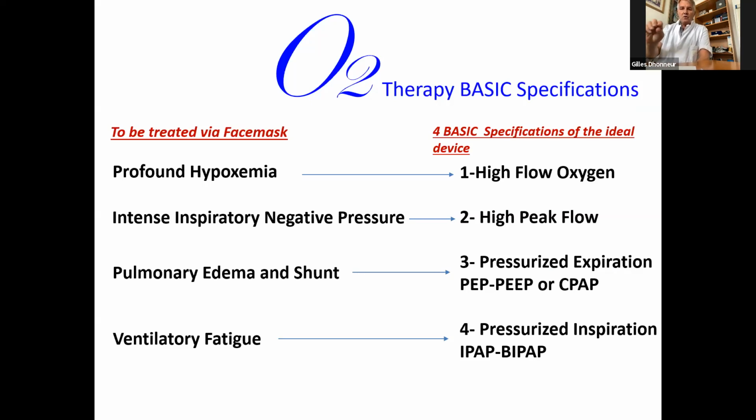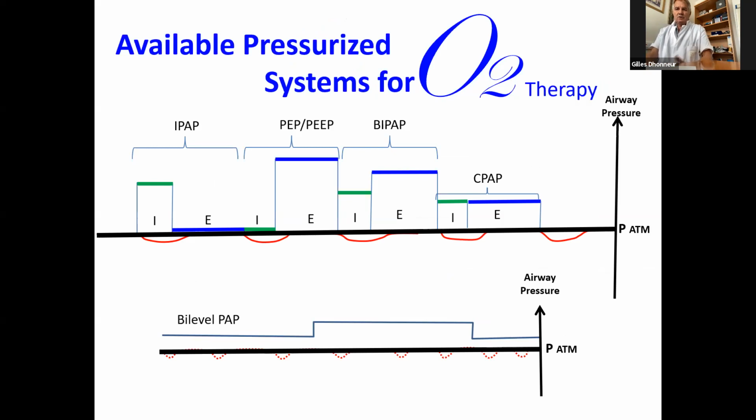So we need 4 things: high flow oxygen, high peak flow device, pressurized expiration, which can be obtained by PEP, PIP, or CPAP, and to limit ventilatory fatigue, diaphragmatic fatigue, or accessory inspiratory muscle fatigue by pressurizing inspiration using IPAP or BiPAP.